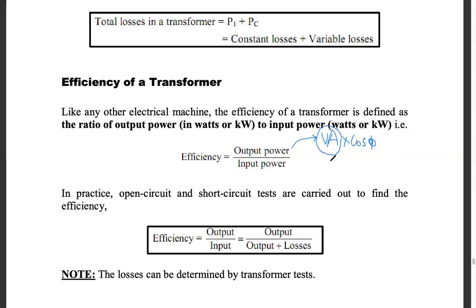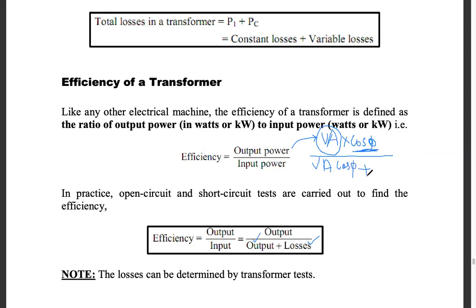So obviously, output power will be equal to the volt-ampere rating of the transformer multiplied by cos phi, or the power factor, divided by the input power. Input power we can also write as output power plus losses. So output, as we all know, is VA cos phi, plus losses.